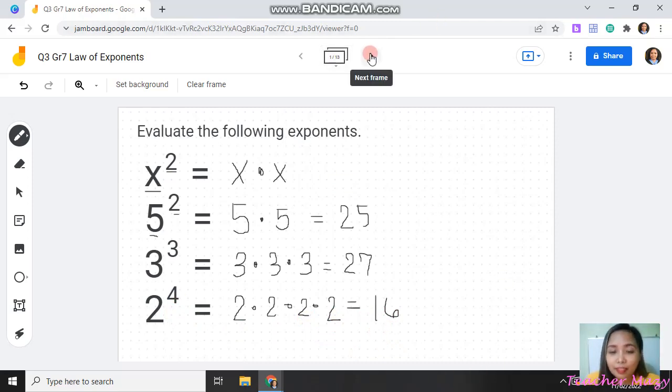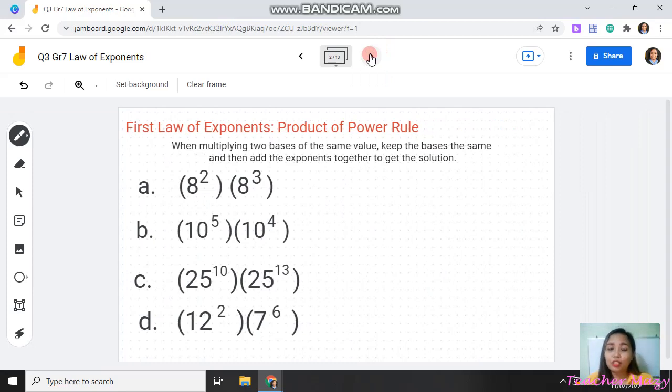Okay, so now let's discuss the different laws of exponents, and let's begin with the first law of exponents. The first law of exponents, also known as the product of power rule, says that when multiplying two bases of the same value, keep the bases the same and then add the exponents together to get the solution. Okay? So for letter A, we have 8 squared times 8 cubed.